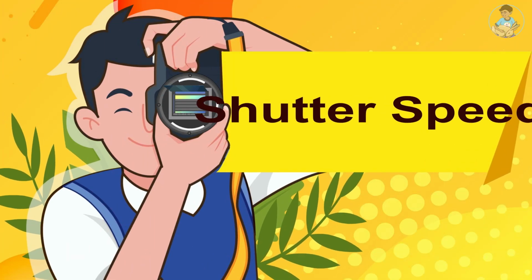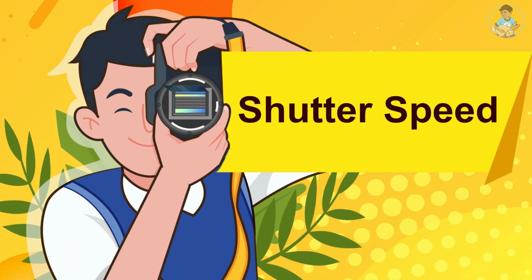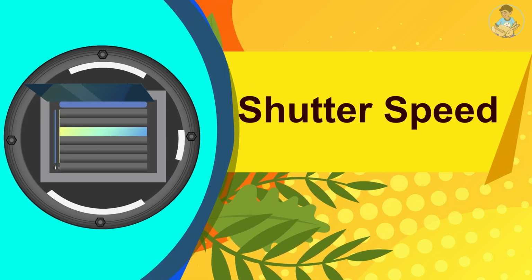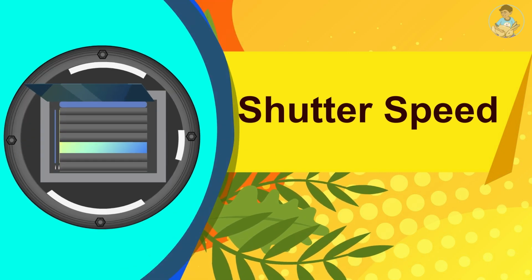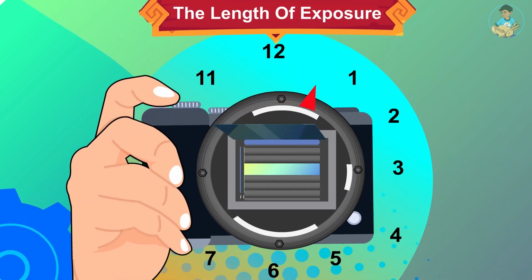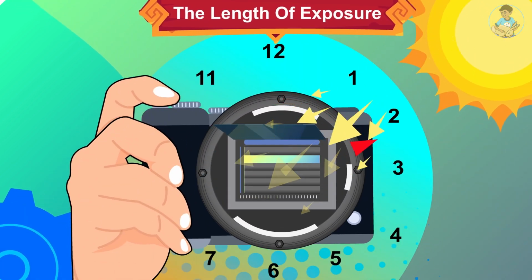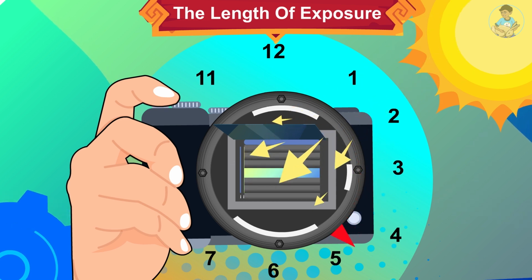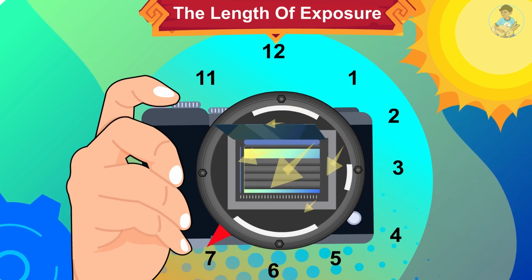Shutter speed. The camera shutter is like a door that opens to expose the light to the camera sensor. Shutter speed is the amount of time the camera shutter remains open, collecting the light. In other words, it measures the length of the exposure.